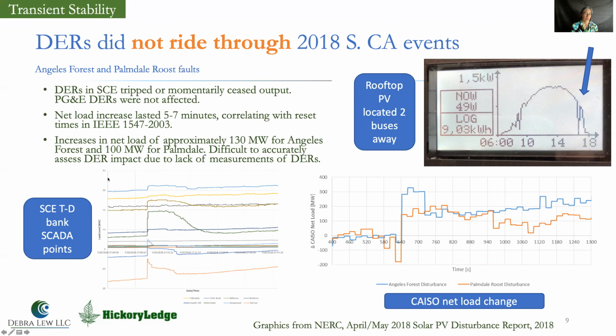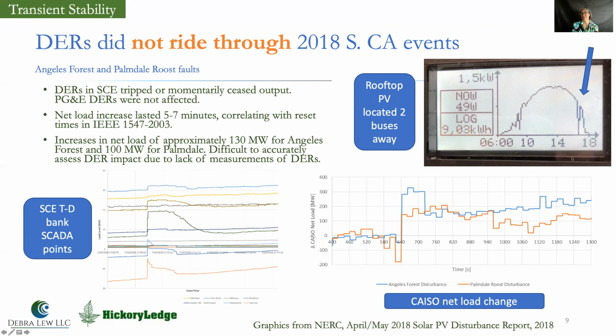And SoCal Edison basically went into each of their substation bank SCADA points and pulled out the actual data and aggregated up the net load change and determined that there was about 130 megawatts of rooftop solar that came off for the Angeles event and 100 megawatts for the Palmdale event.